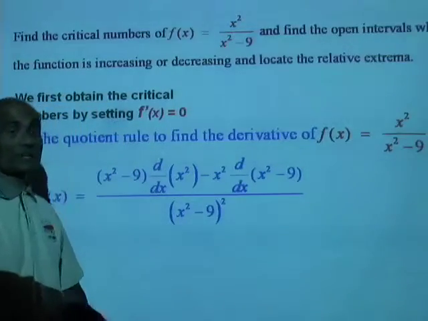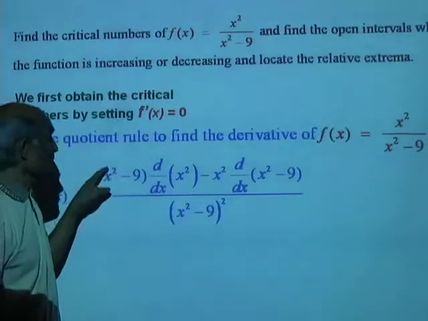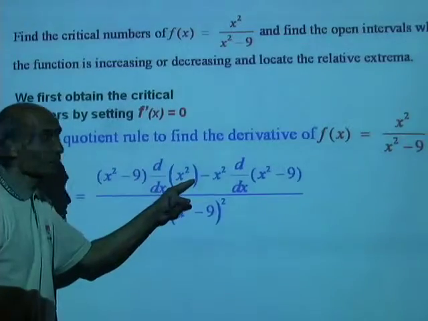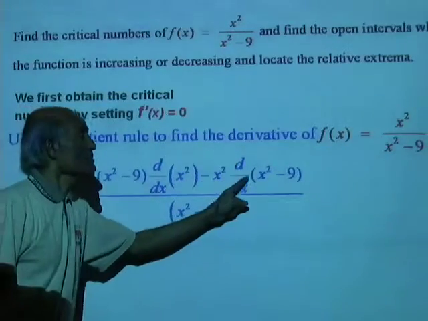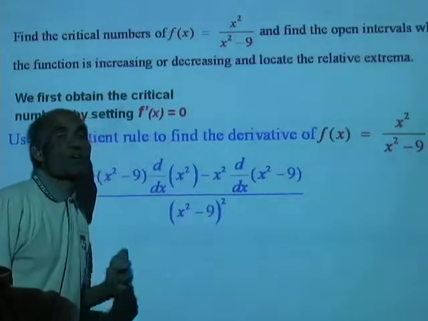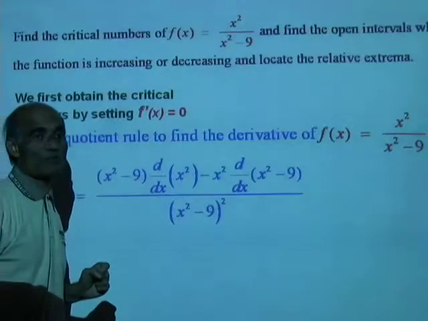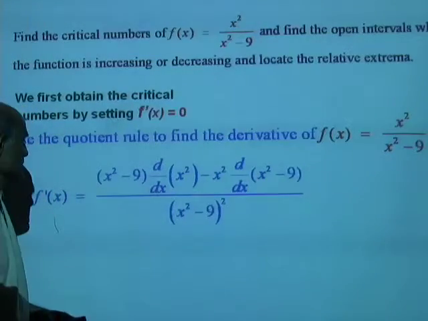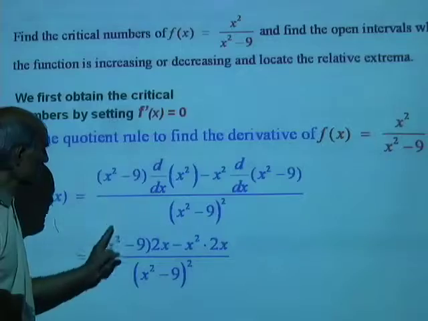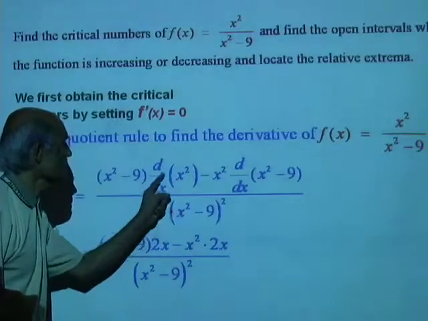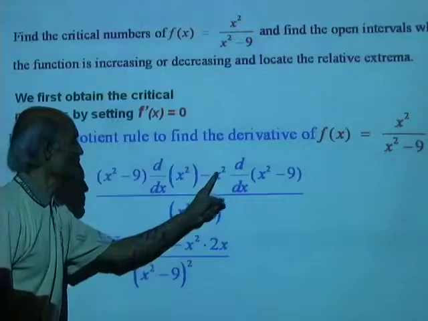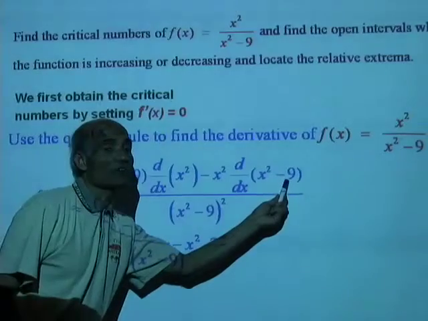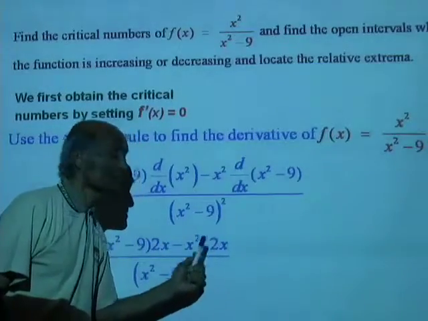So that would be x squared minus 9 times the derivative of x squared, which is 2x, minus x squared times the derivative of x squared minus 9, which is again 2x.